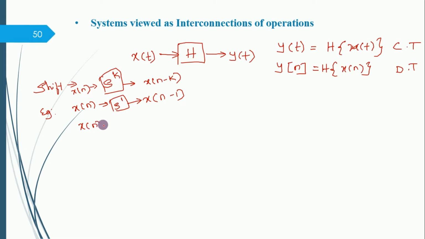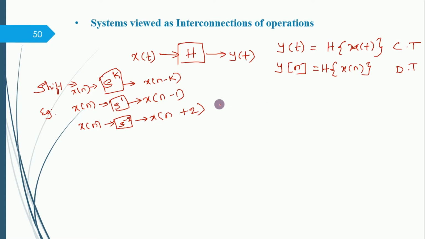If it is x of n as an input and the operator is S raised to minus 2, then output is x of n plus 2. So this is how it goes. So it is plus 1, so you should write it in this manner. If it is minus 2, it should be written in this manner.